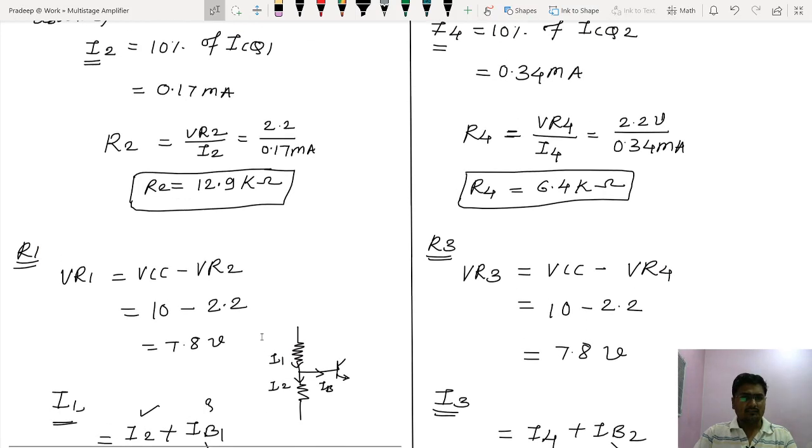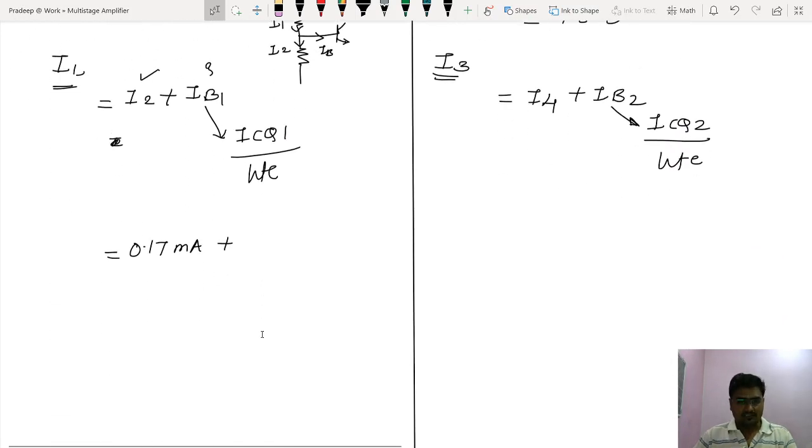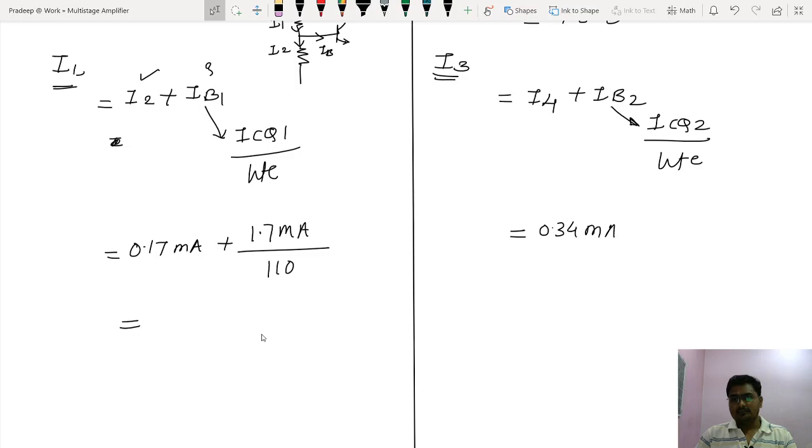I2 is 0.17 and the value of ICQ1 is 1.7. How can I forget that? 1.7 milliamperes divided by 100. To calculate this value, meanwhile, I will write equations here. I4 is the current, which is 0.30 milliamperes, plus ICQ2, 3.4 milliamperes, divided by 110.